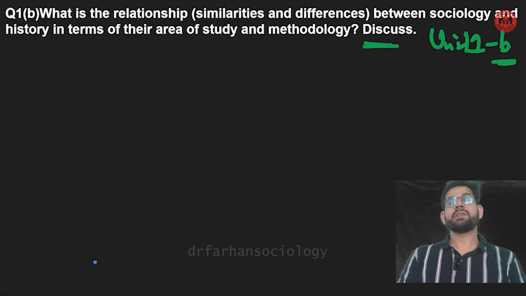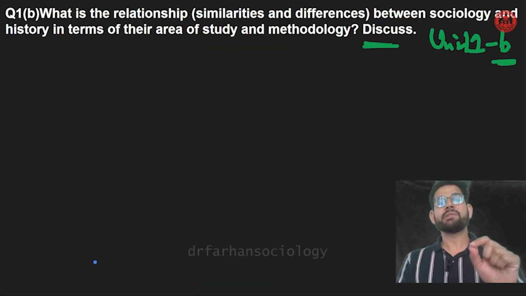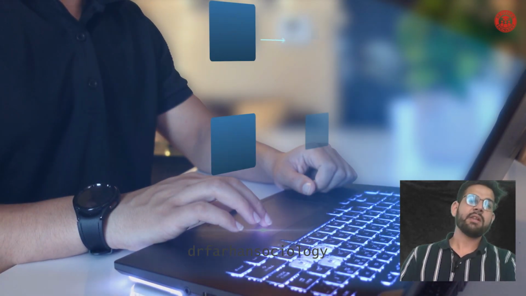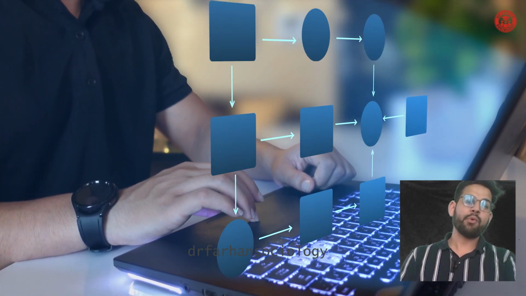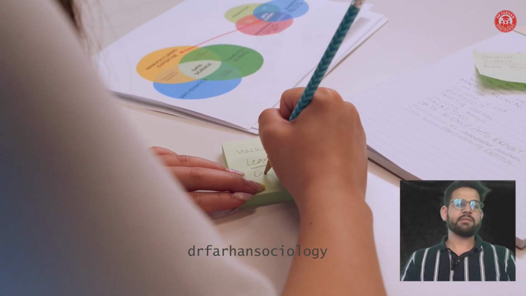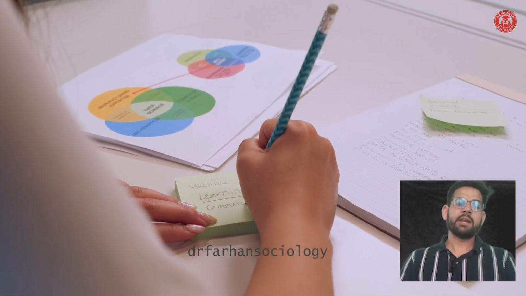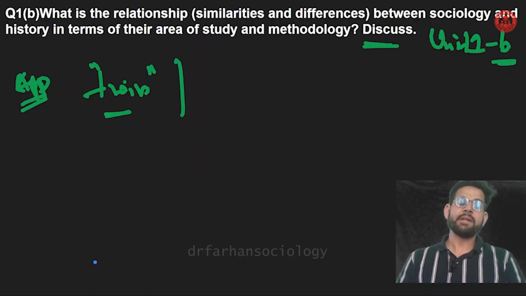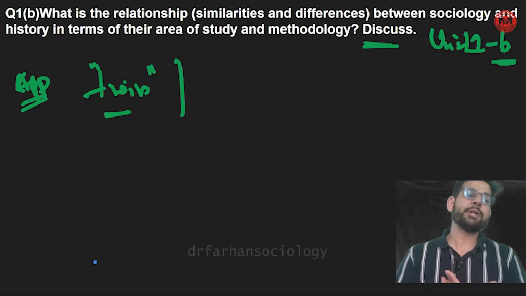So here the question is, how do you compare these two subjects, sociology and history? First of all, let's just try to look at what approach we bring. These two subjects, history and sociology, are largely considered to be twin subjects. It means they are very closely related to each other.